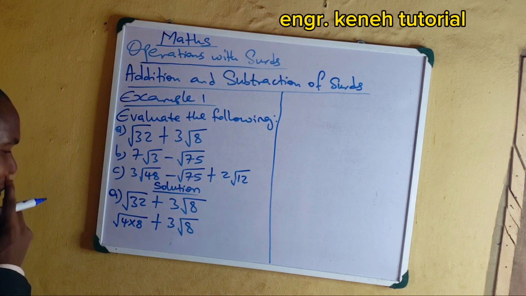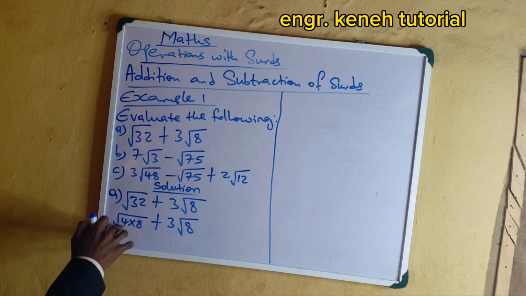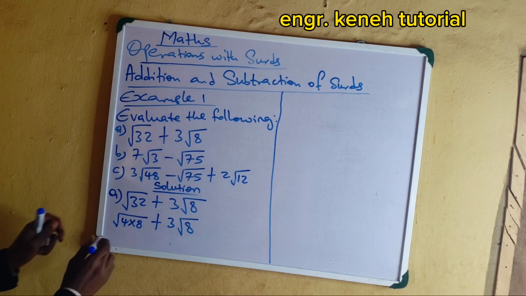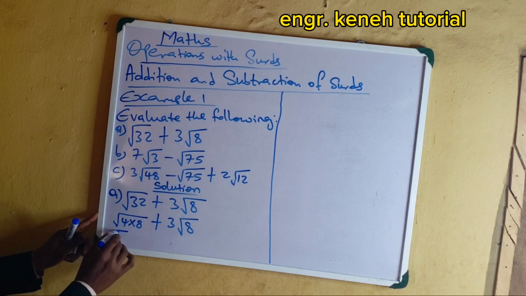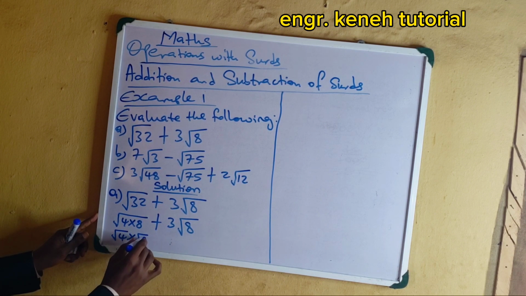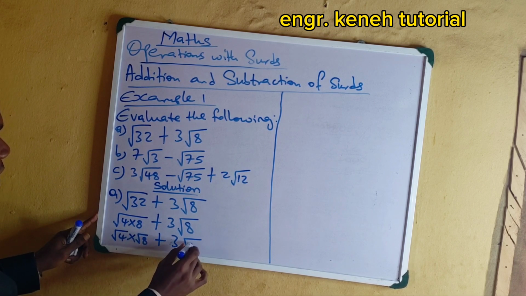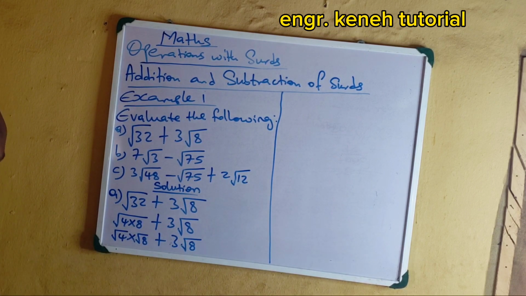What is the square root of 4? The square root of 4 is 2. Or let me just do it this way so that it will become simpler. You have this, then you have this. So the square root of 4 is 2.